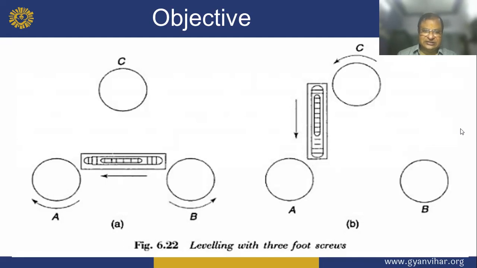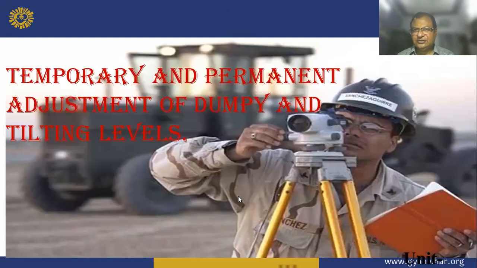So my dear boy, this is the bubble. This is your foot screw. And one time you will take A and B, and after C, next AC, after B, next BC, after A. This bubble should be in the center. This is the procedure.